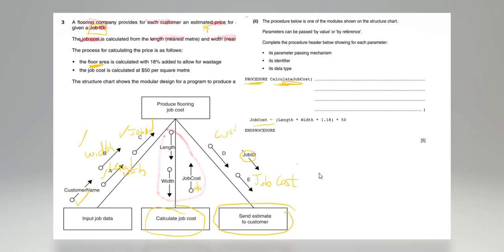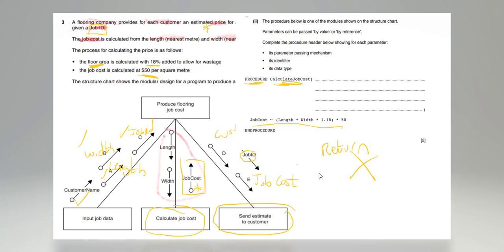This is done for us already, this calculation which is here and here to work out the discount, etc. So we just need to do the header. This is actually very, very simple. We know it's a procedure, therefore we are not returning anything in terms of via written method. So we need to use a different method to return, because we do need to return a job cost.